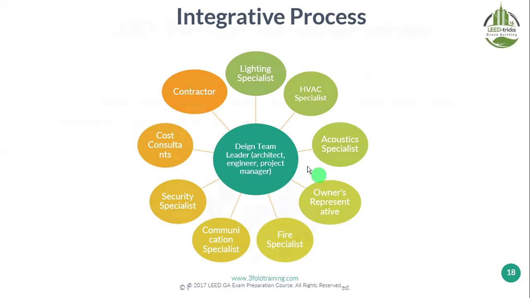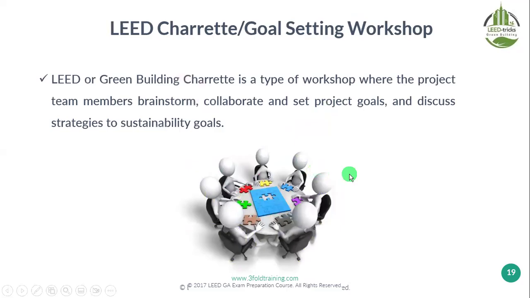This is the integrative process. So we also do integration within LEED, through a LEED kick-off meeting, but here we call it the LEED charrette. The charrette is a goal setting workshop.